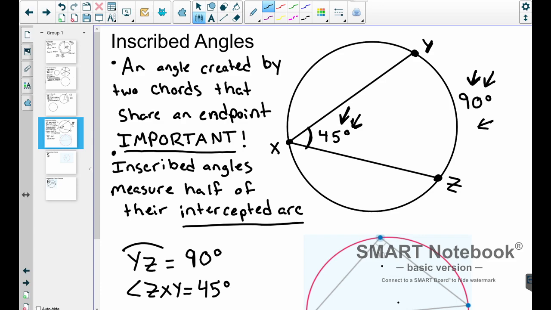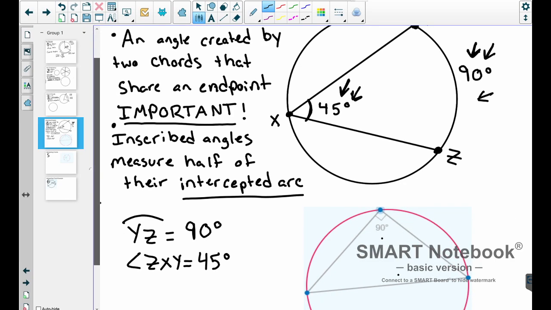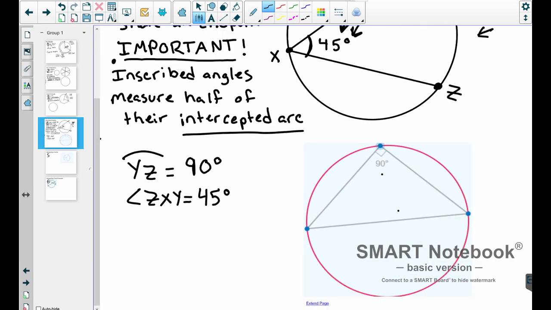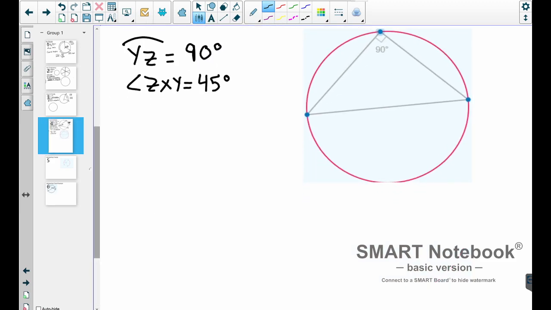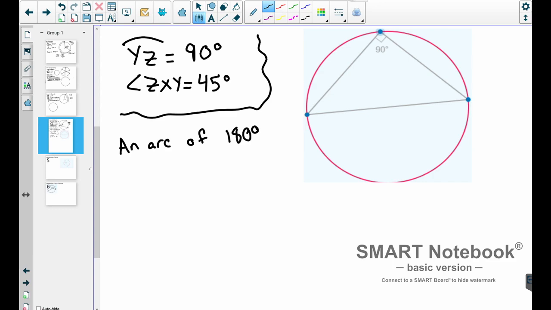Very important. So let's go down to a special example here, and something that we may have touched on in the past a little bit, but maybe not enough. So I'll touch up on it a little bit more. We say that an arc of 180 degrees is known as a semicircle.